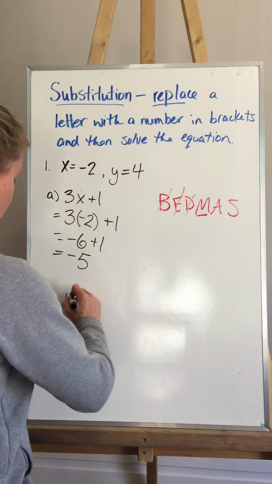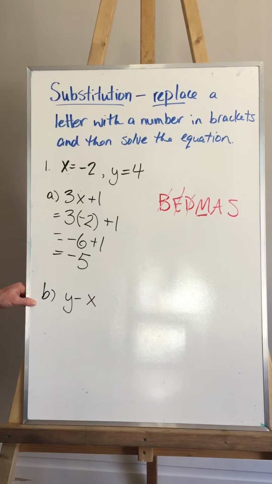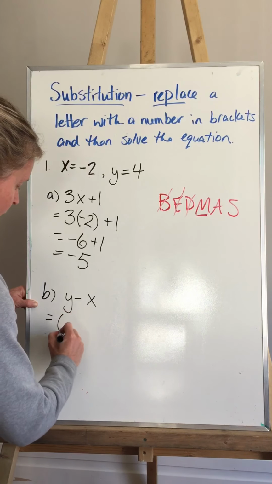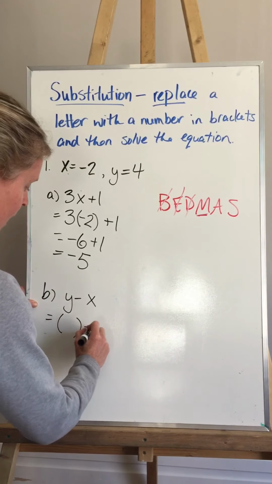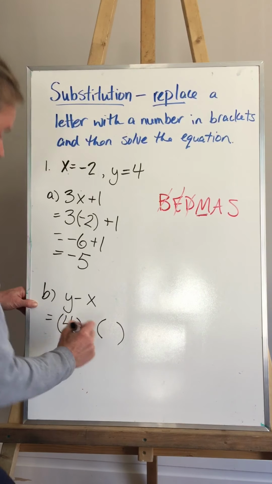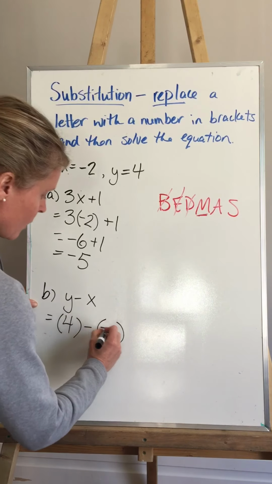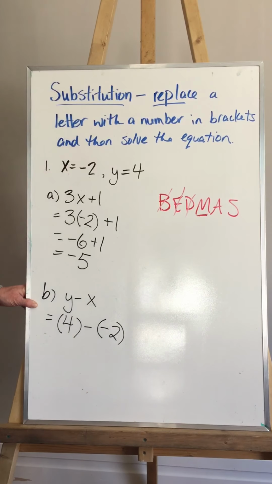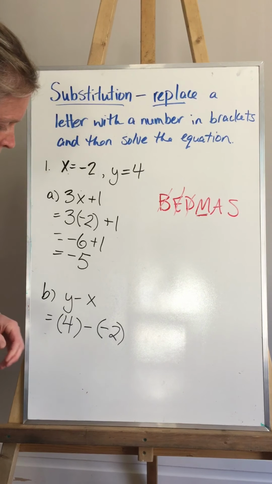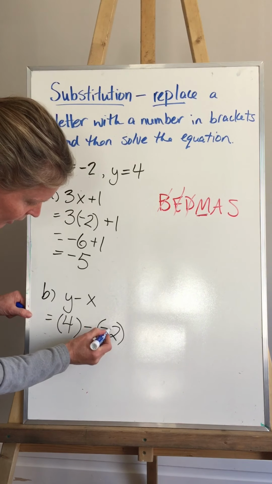This example is y minus x. Okay, so we need to substitute in for the y, and as well we need to substitute in for the x. So my next line, I'm going to put brackets for the y minus brackets for the x. Okay, into the brackets for the y it goes just 4, and for the x it's -2. Okay, see here, going back to the beginning of the course when we were talking about double signs.